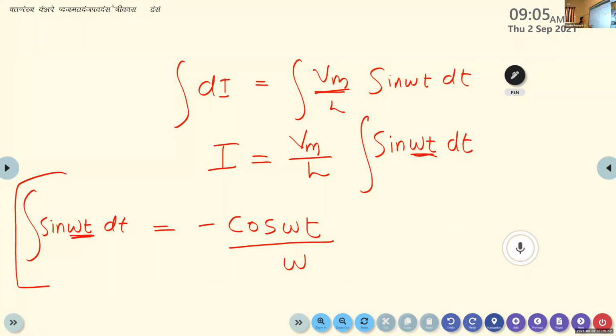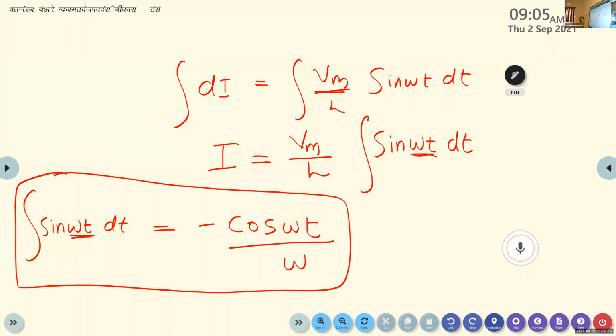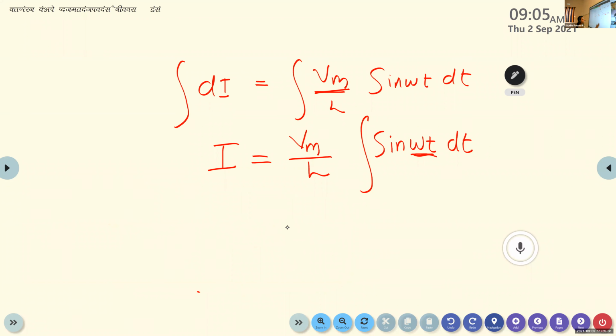Integral sin ωt dt is equal to minus cos ωt divided by ω. So you can take it as a side note.